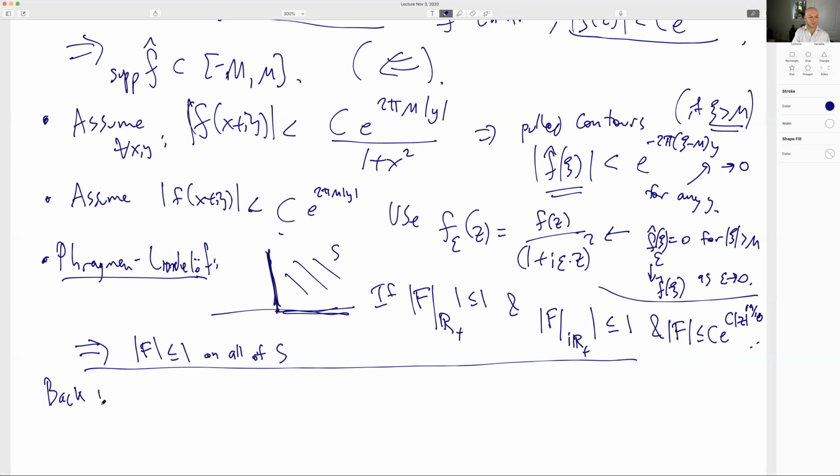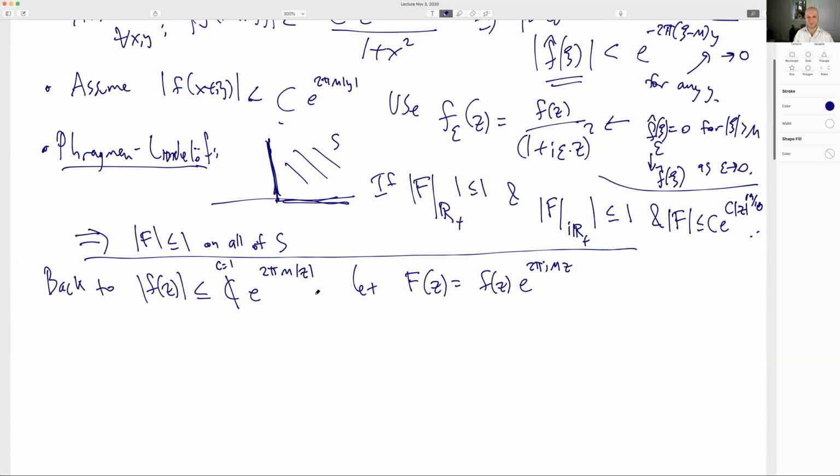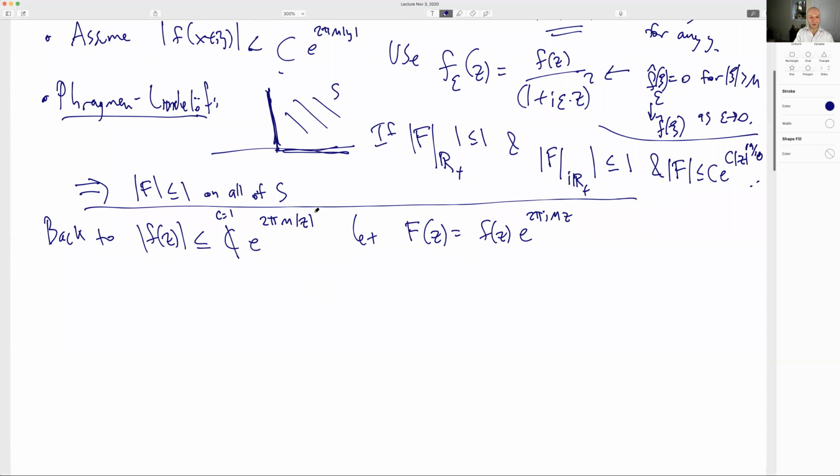So I know this bound, and now I'm going to let capital F of z be little f of z times e to the 2 pi i m z. Okay, this is a nice holomorphic function in this region S.